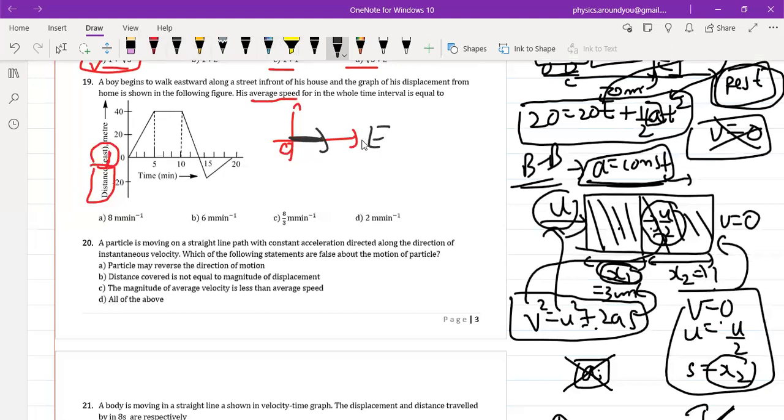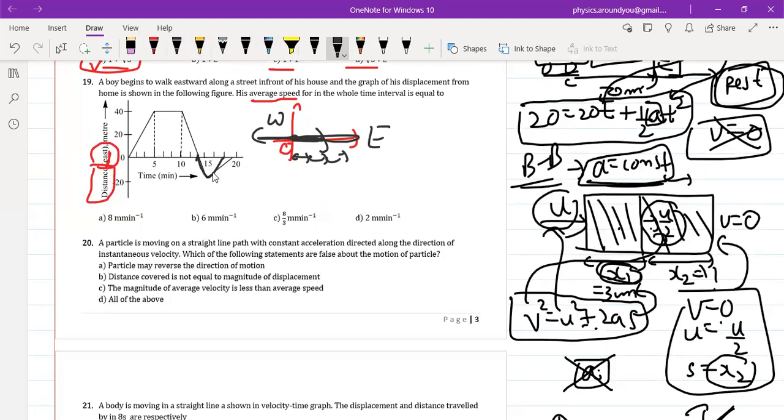So they have told the distance covered only here. What is the meaning if the distance east becomes negative? It means the boy came back to home and he's going in the west direction, right? So that is how we interpret this.